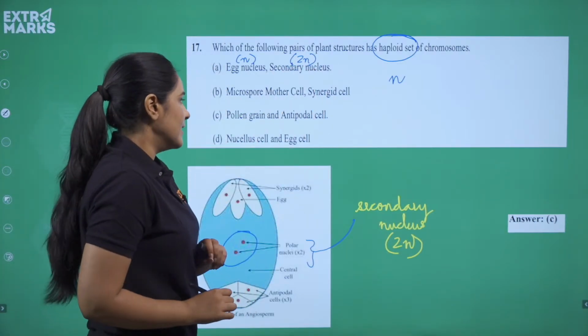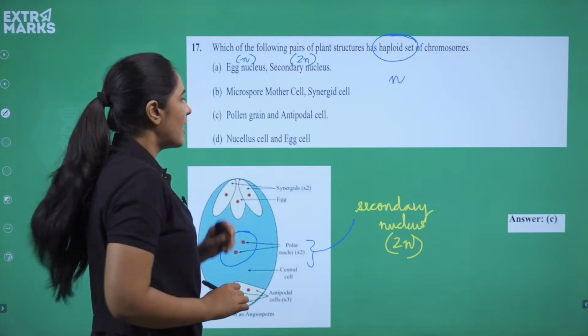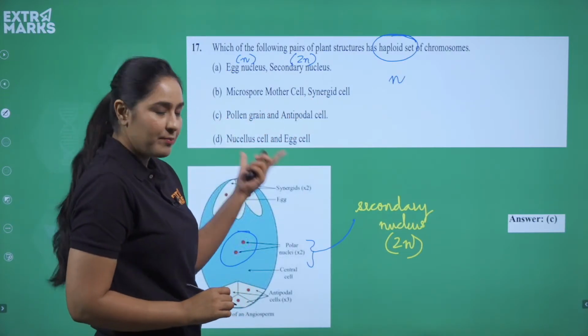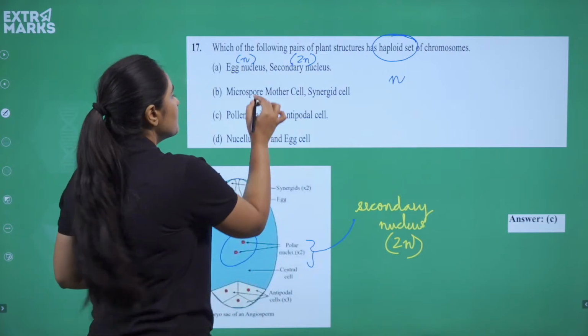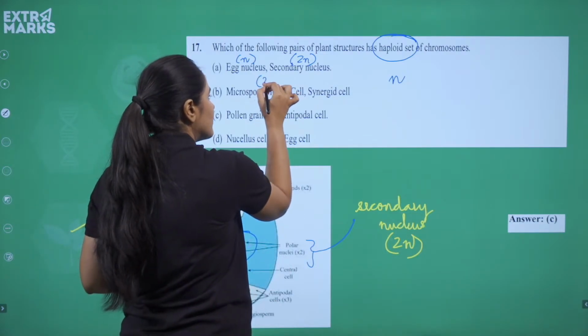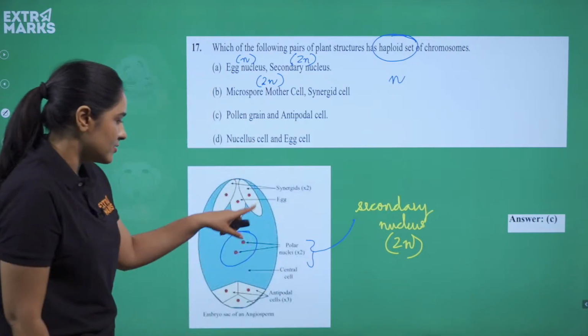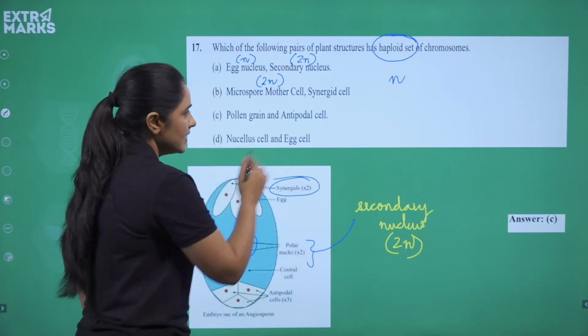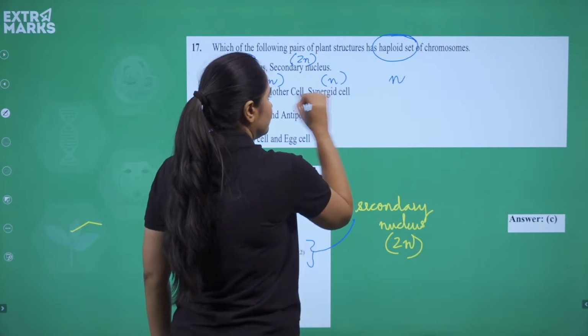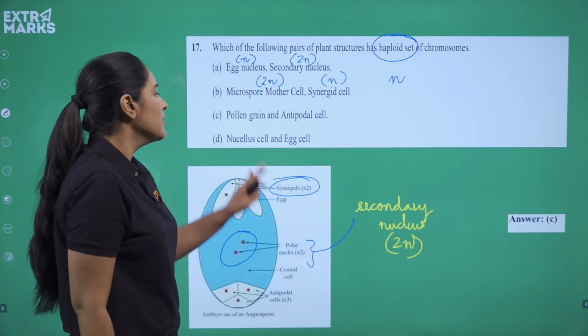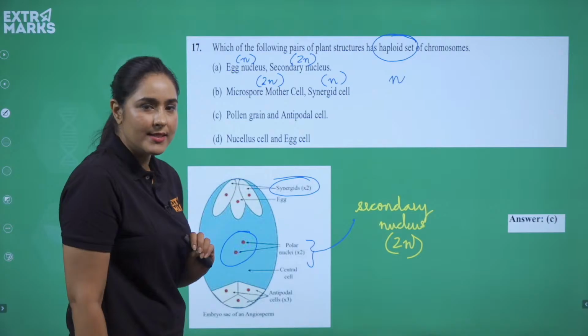Microspore mother cell and synergid cell, are they having a haploid set of chromosomes here? So microspore mother cell, obviously it will be diploid in nature. And if we talk about the synergids here, as you can see, they are haploid. Third one, if we see pollen grain and antipodal cell.